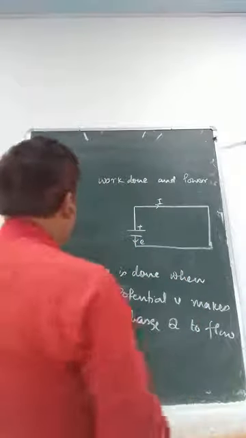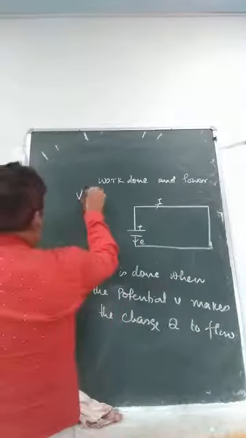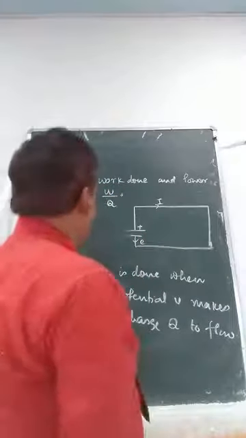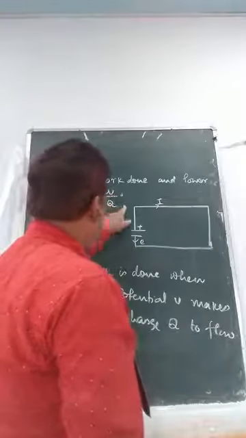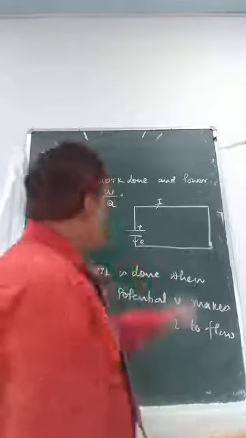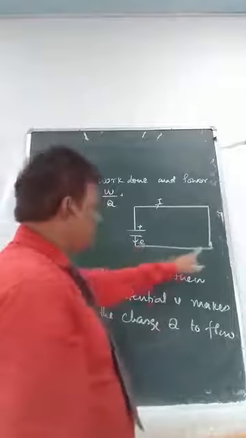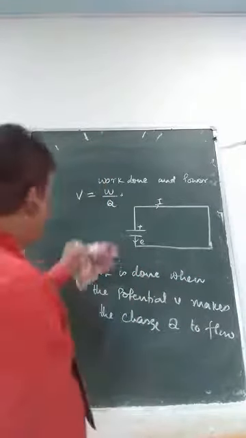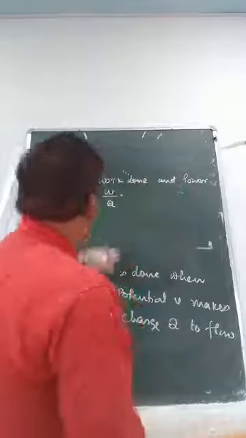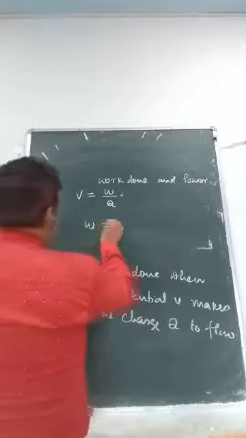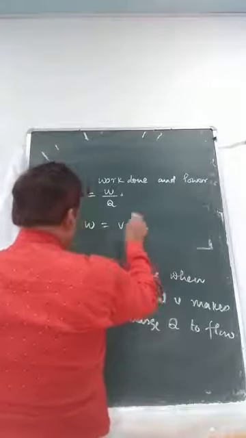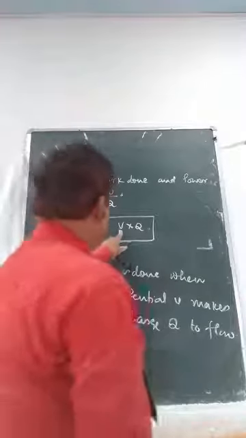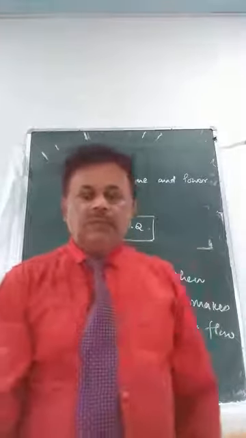So potential equals work done by charge. Work is done on this charge moving from one place to another. So now I can write what will be the work done here: V into Q, got a first formula. That means the work is done when potential and the charge both are multiplied.